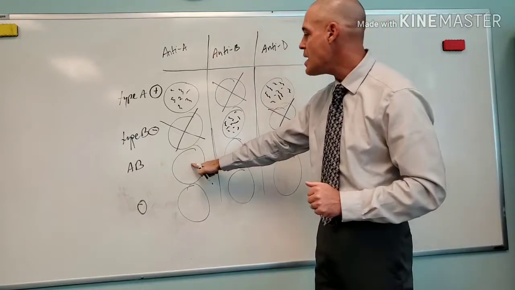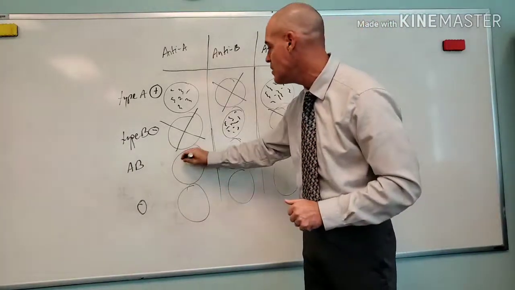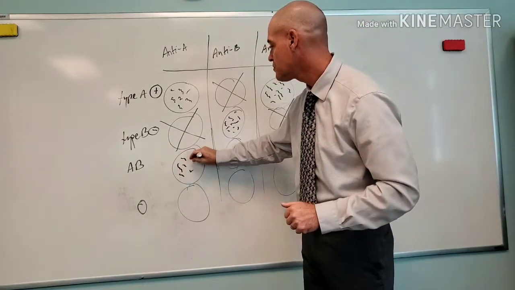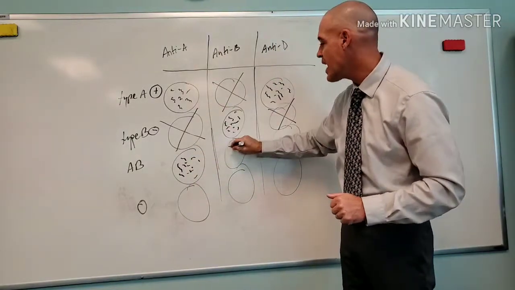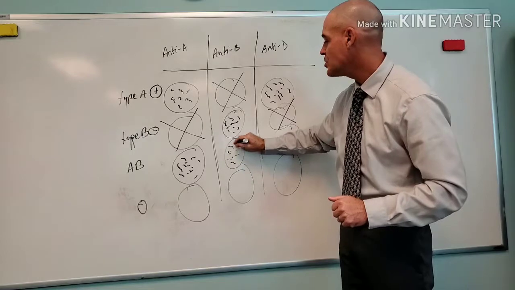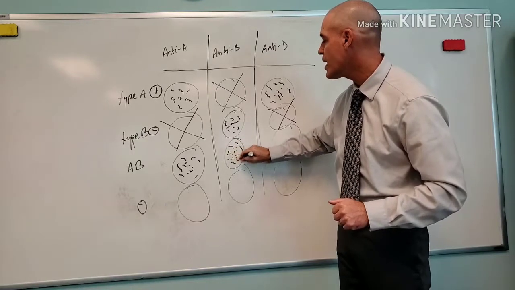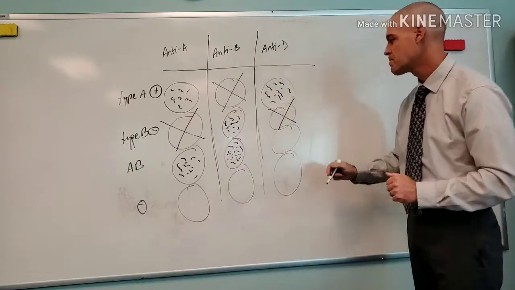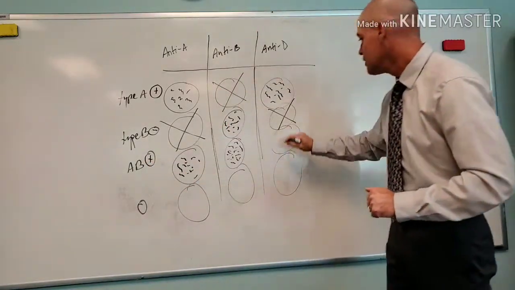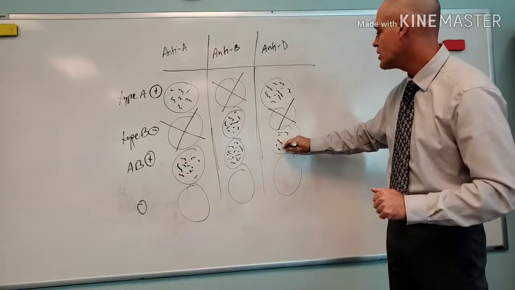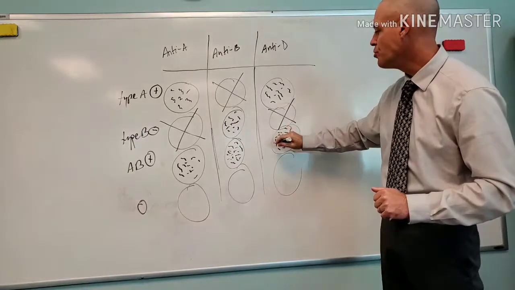Come down to the AB, we should expect to see a reaction and clumping of the red blood cells for the A antibodies and for the B. Why? Because we have both antigens present.